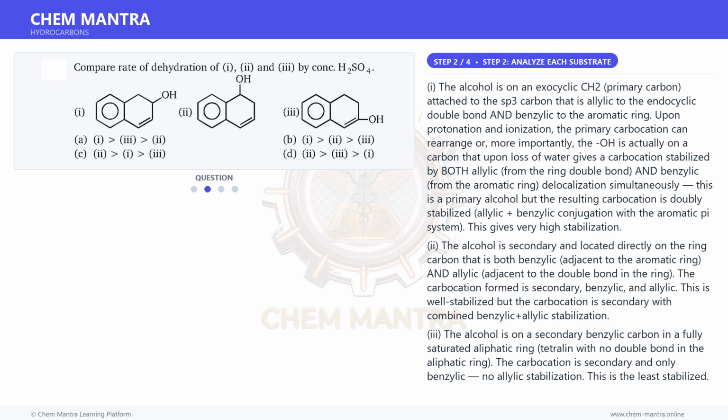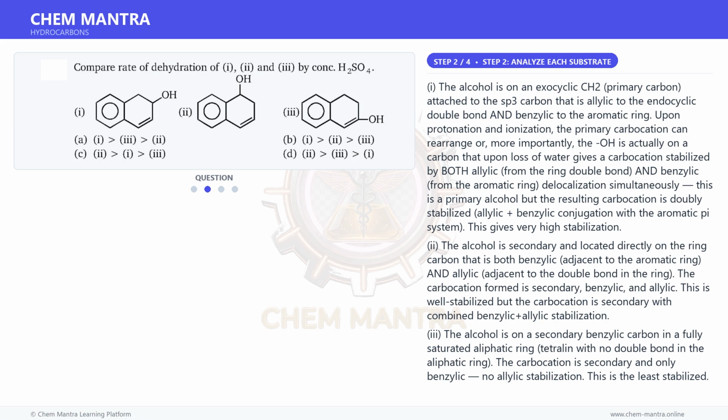Upon protonation and ionization, the primary carbocation can rearrange, or, more importantly, the OH is actually on a carbon that upon loss of water gives a carbocation stabilized by both allylic, from the ring double bond, and benzylic, from the aromatic ring, delocalization simultaneously. This is a primary alcohol, but the resulting carbocation is doubly stabilized. Allylic plus benzylic conjugation with the aromatic pi system. This gives very high stabilization.